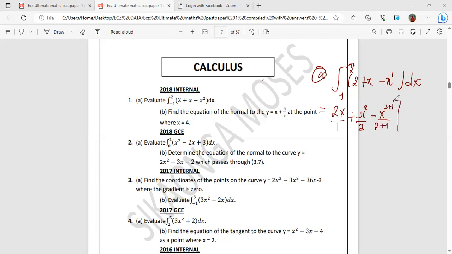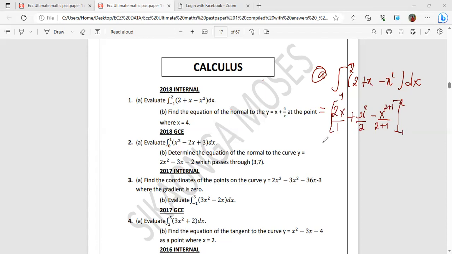We introduce our limits. Now, we are not going to include the constant c because we have been given the limits there. So we are going to say this is from -1 up to 2.